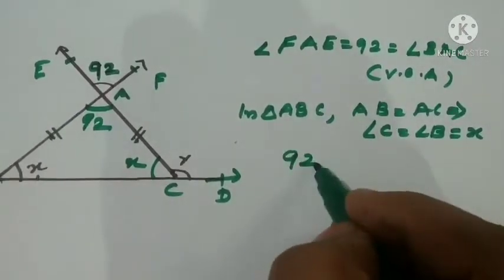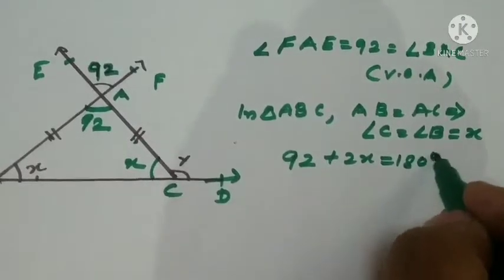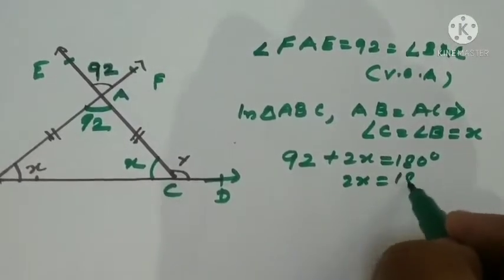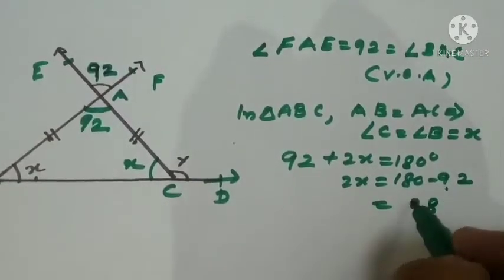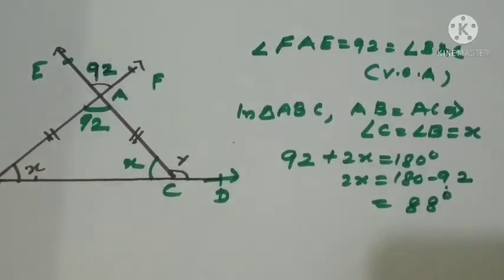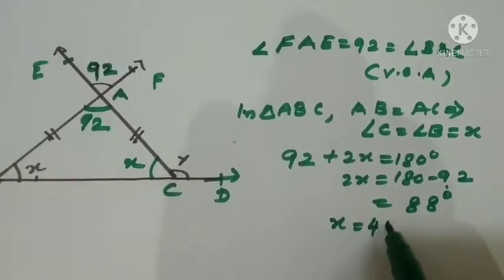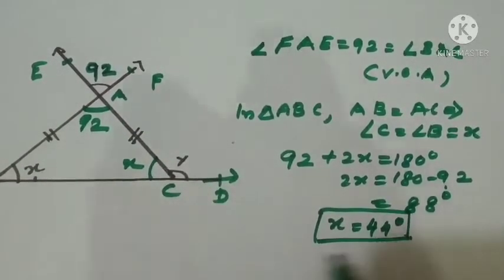So 92 plus 2x equal to 180. 2x equal to 180 minus 92, so it is equal to 88 degree. So what is x now? x equal to 44 degree. So we got x equal to 44 degree.